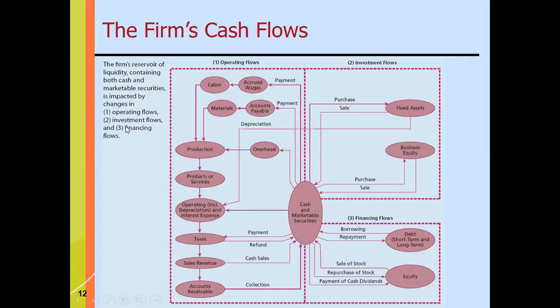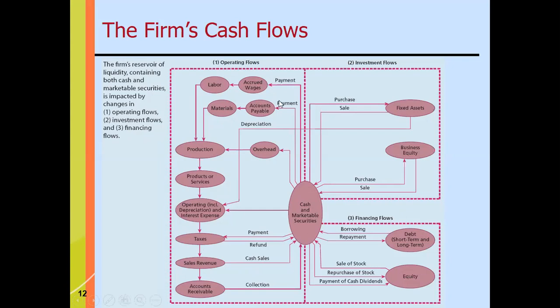So it's impacted by changes in operating, investment, and financing cash flows. I've mentioned that operating cash flows would focus on the main line of operations of the business. So I said labor, materials, the wages, liabilities, the production. All items that can happen for the operations will be part of operating.